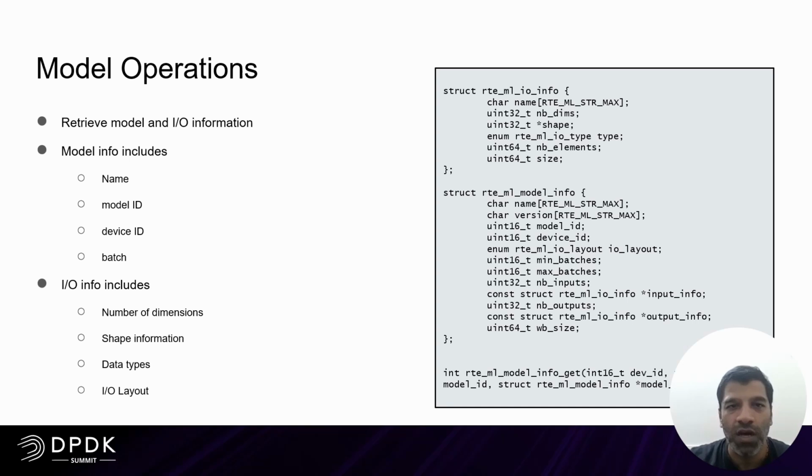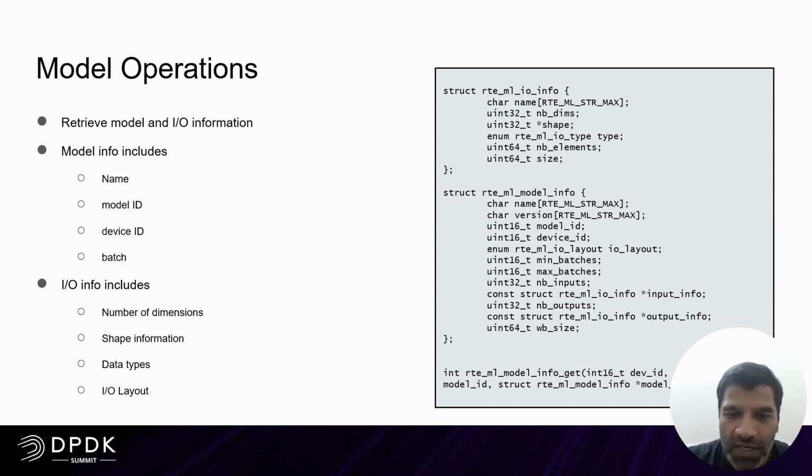Model information includes the name of the model, the version of the model, the model ID, the ID of the device to which the model is mapped, the minimum and maximum number of batches supported by the model, which can be used to run batch mode of inference execution, the number of inputs expected by the model, and the number of outputs given out by the model.